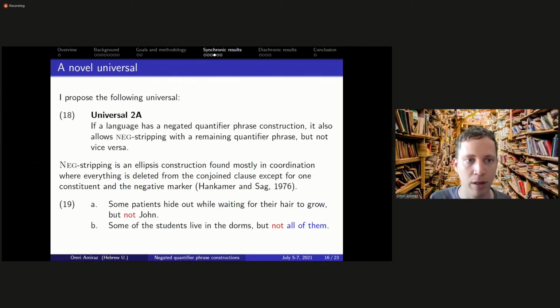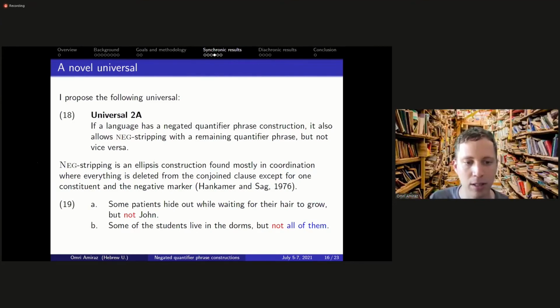I propose the following universal. If a language has a negated quantifier phrase construction, it also allows neg stripping, which I will describe in a moment, with a remaining quantifier phrase, but not vice versa. So neg stripping is an ellipsis construction found mostly in coordination, where everything is deleted from the conjoined clause, except for 1 constituent and the negative marker.